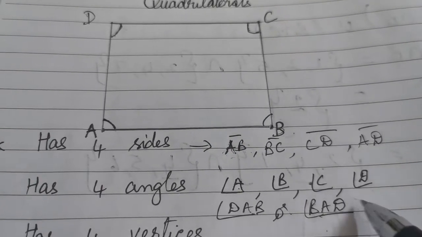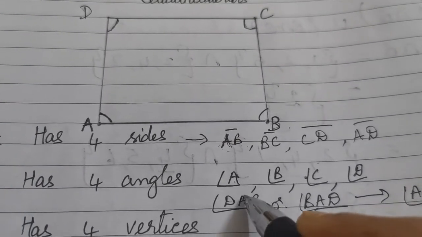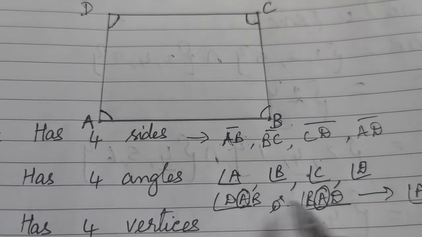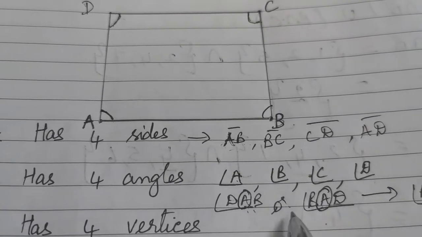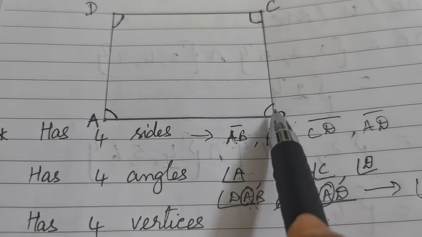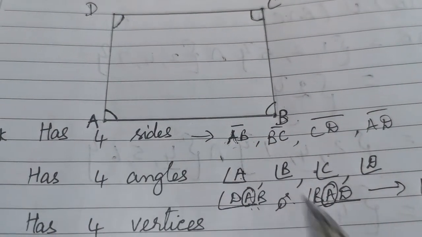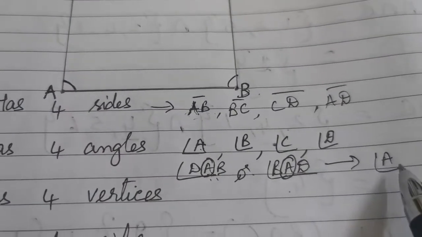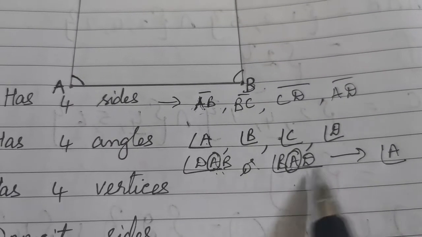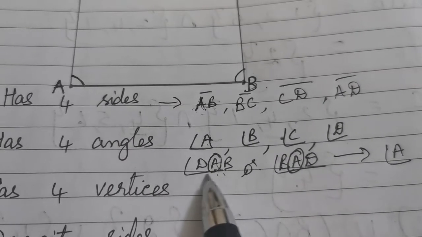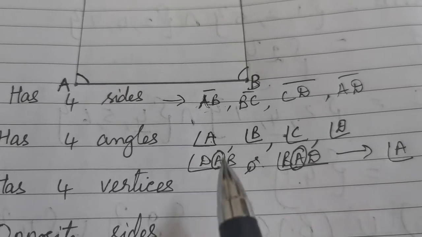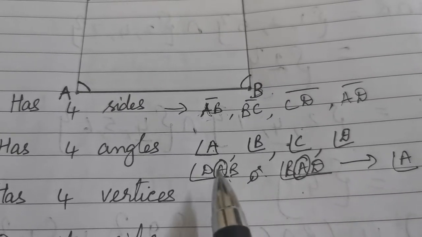So, if you are representing angle A, the middle letter will decide which angle it refers to. So, DAB refers to angle A, the same way BAD refers to angle A. So, angle A can be represented or written in three different ways. So if you write it using three alphabets, the middle letter will determine your angle.